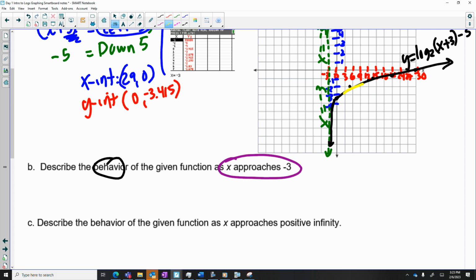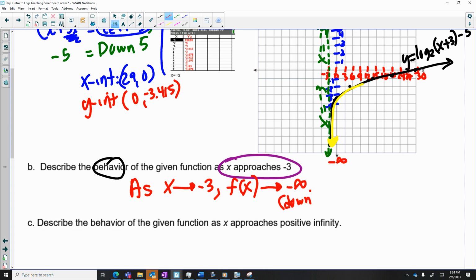As my graph is approaching the asymptote of x equals negative 3, where's the graph headed? I'm hoping you're saying it's going down. And it is going down toward the negative numbers, which we call negative infinity. So as x approaches negative 3, f of x, which is the graph, approaches negative infinity. The English way to think about it is it's heading downward, toward the negative numbers.